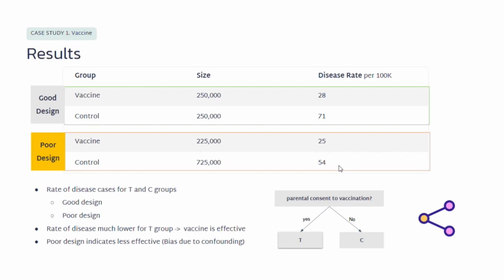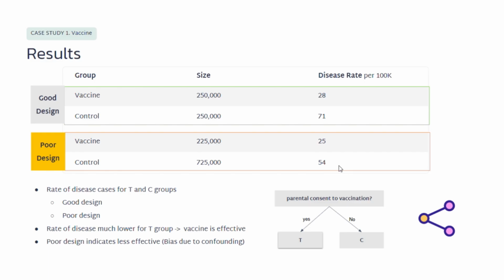In the randomized controlled experiment, the vaccine cut the disease rate from 71 to 28 per 100,000. And in the poorly controlled experiment, the reduction is from 54 to 25. So it is basically showing the vaccine as less effective.